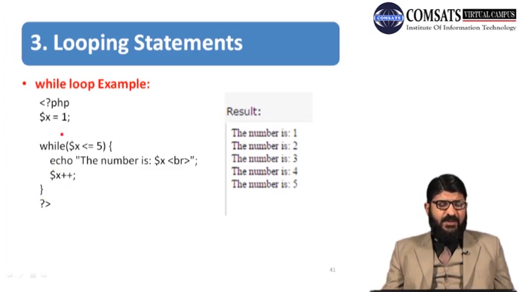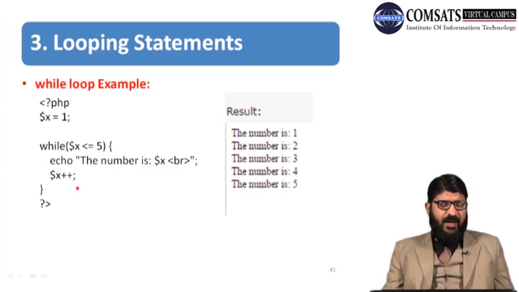So the first time the value is 1, the condition is true, the number is 1. The value is increased, the next time the value is 2, the condition is matched and the number is 2. The next time the value is increased to 3, the condition is matched and the number is 3. The value is increased by 1, that is 4, the condition is matched and the value is printed as 4.